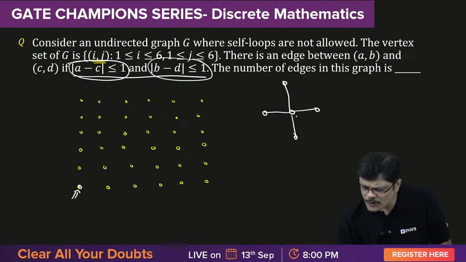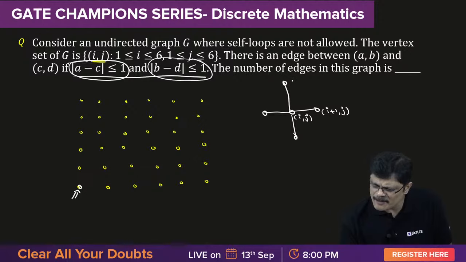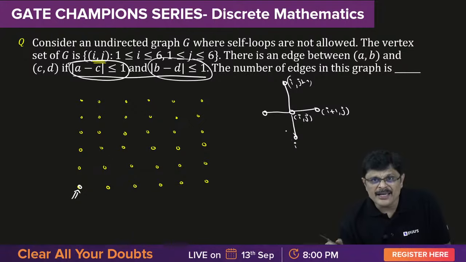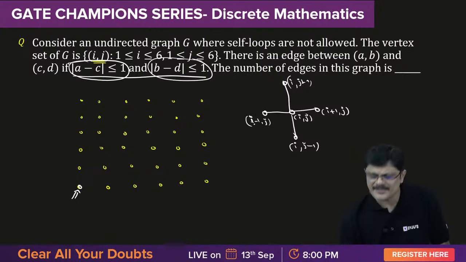If this is a coordinate, say ij, what is this particular coordinate? i plus 1, j. What is this one? i, j plus 1. What is this one, sir? The j value is reducing, i, j minus 1. And this particular coordinate is i minus 1, j, my dear friends.